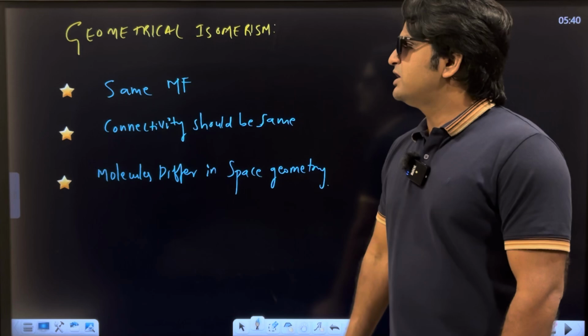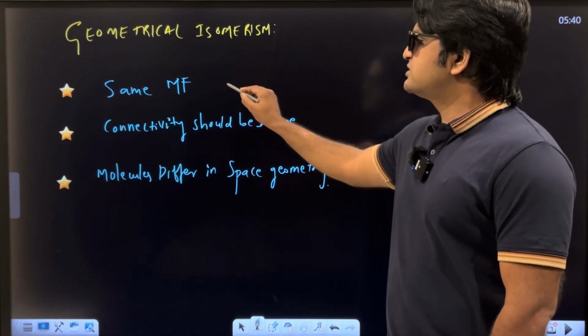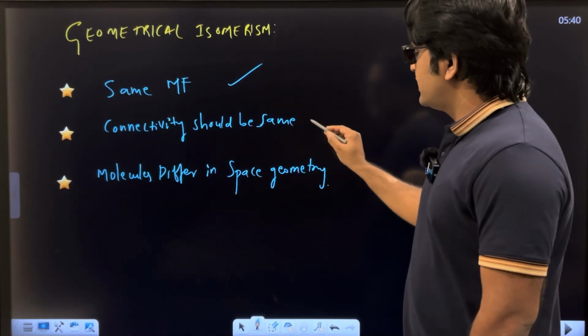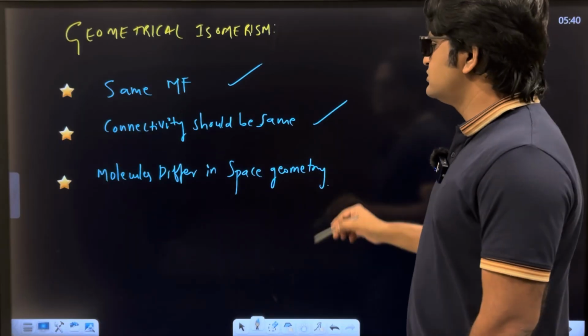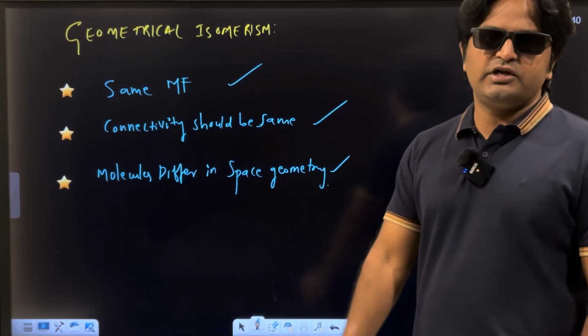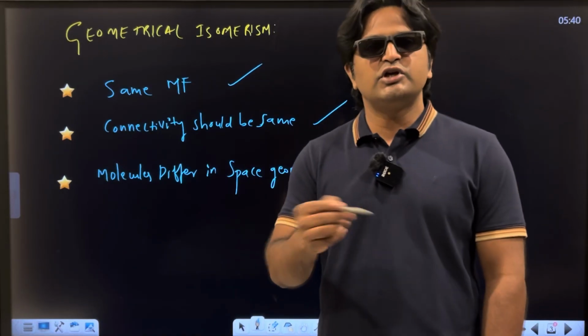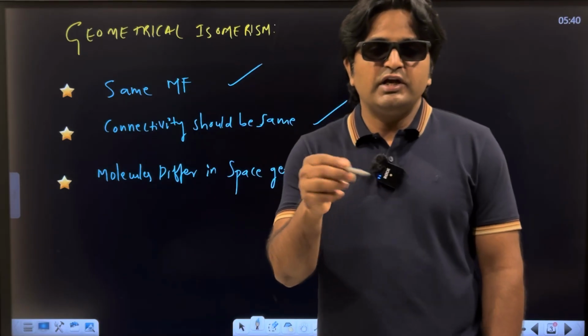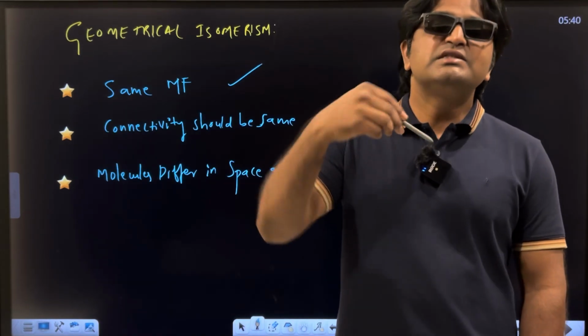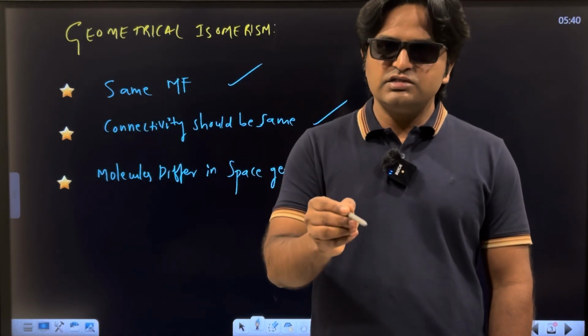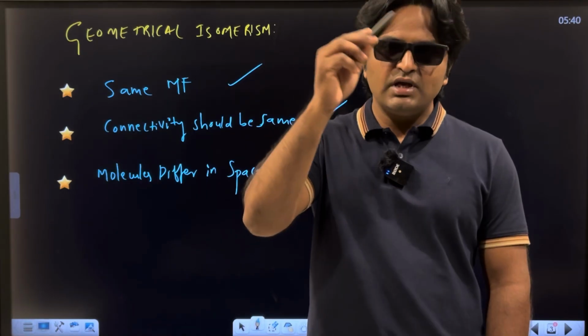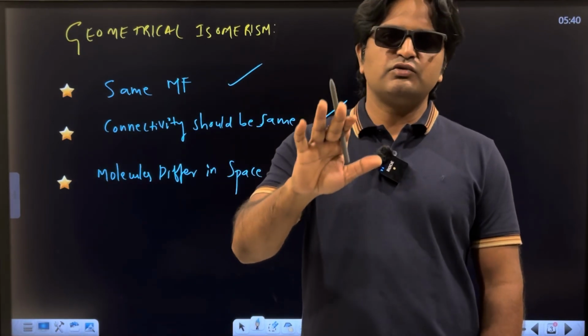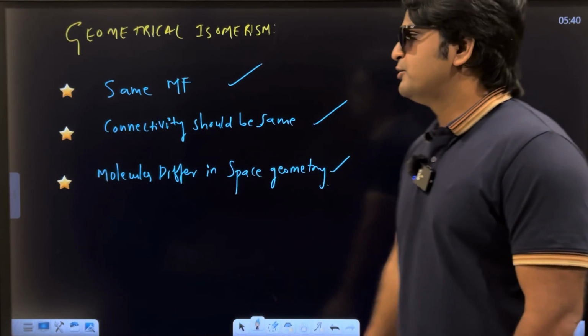What are the three conditions? First, same molecular formula; connectivity should be the same; and molecules differ in space geometry, that is, different arrangement of atoms and groups in space. That is the story about geometrical isomerism, right?